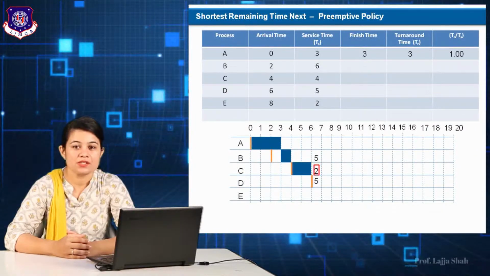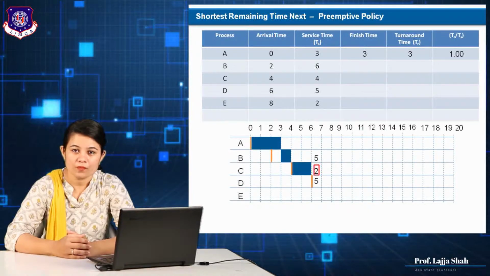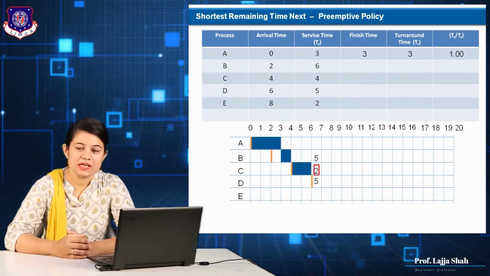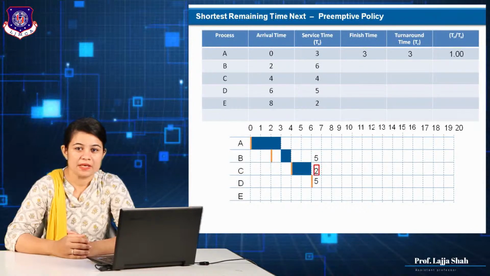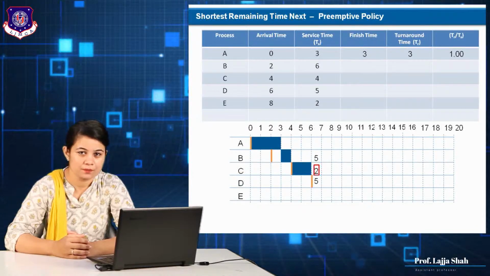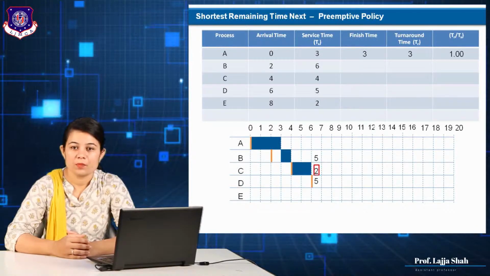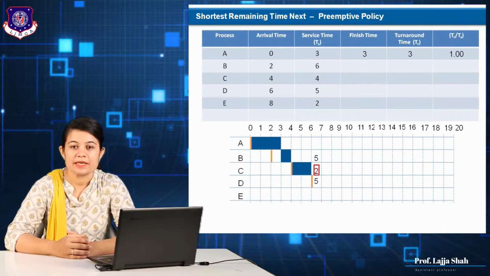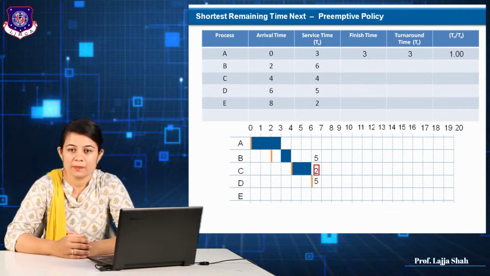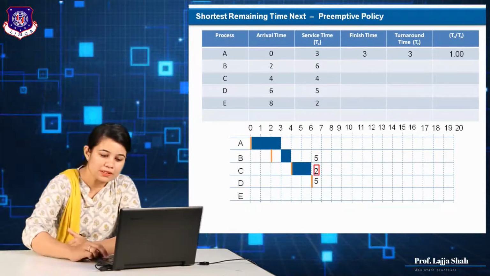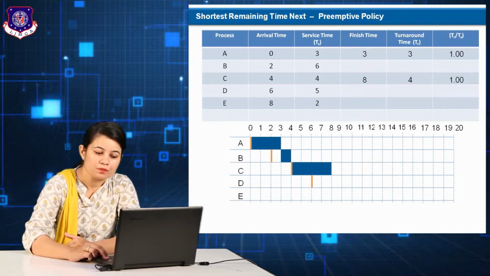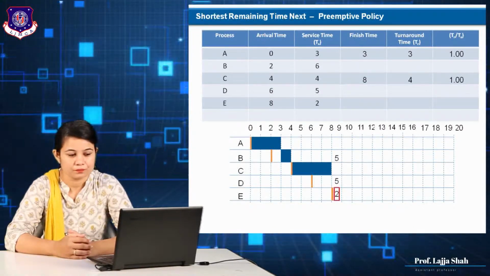Process D has just arrived, so its service time becomes its remaining time, that is 5 seconds. Among all 3 processes, process C has the shortest remaining time. So process C will continue its execution.